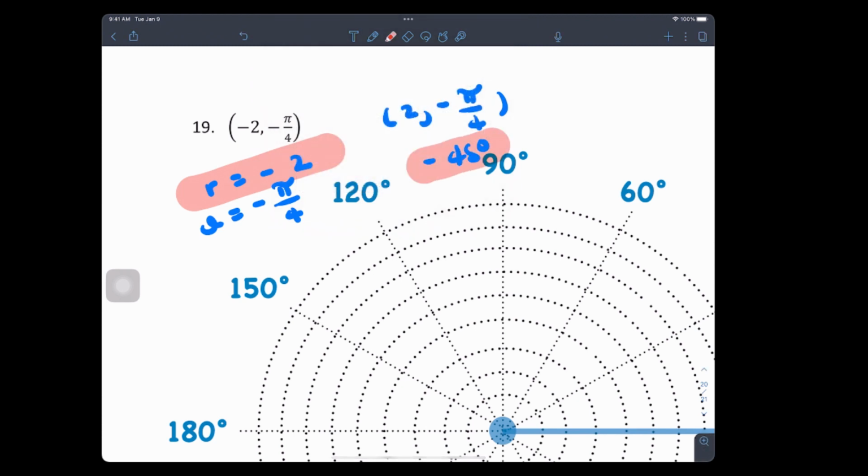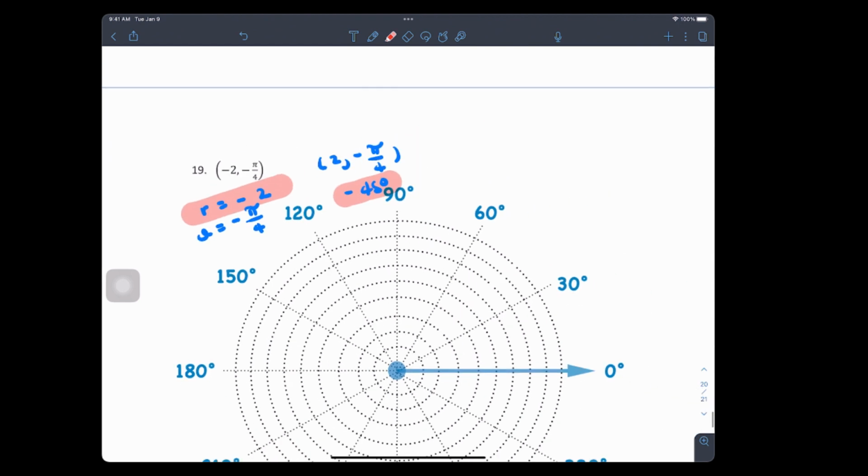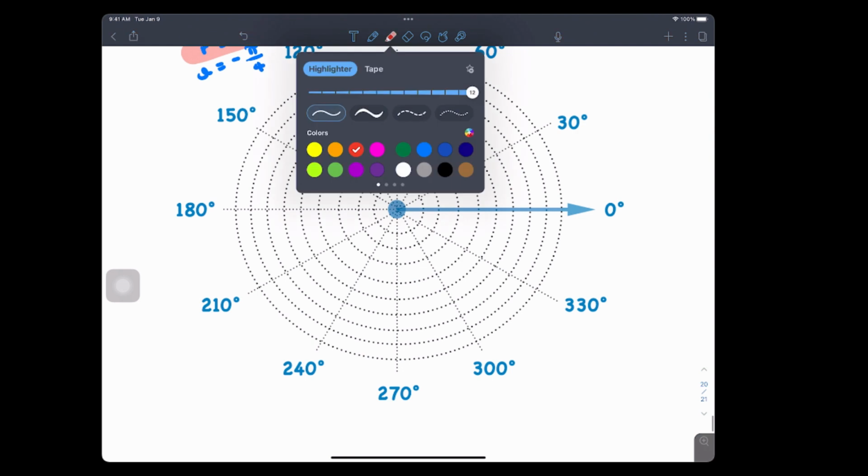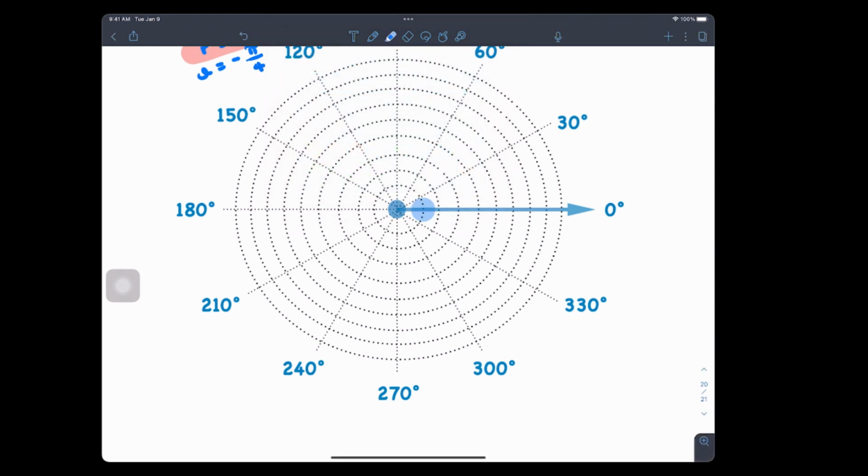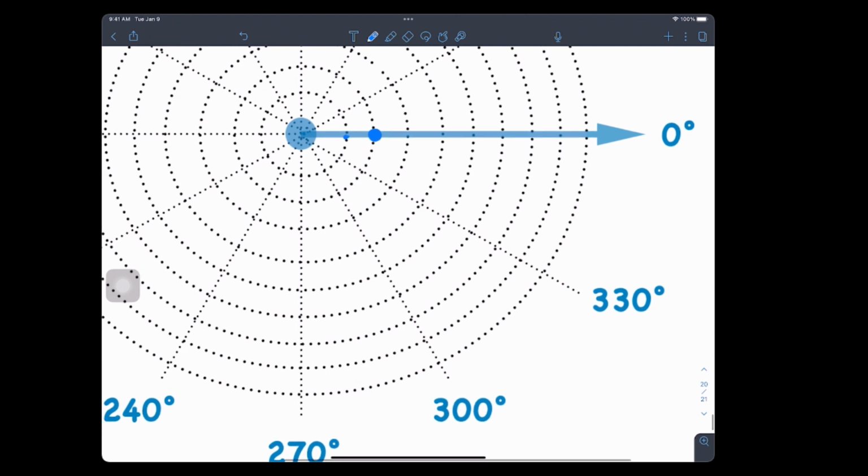Okay. So radius of positive 2, angle negative 45. So let's see, how does that look here? Radius of positive 2. Positive 2, radius is here. Right? What's a negative 45 degree angle look like?